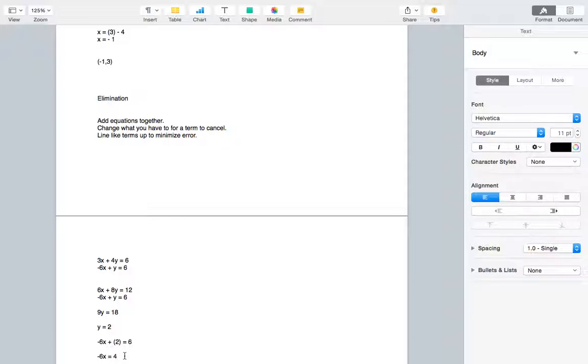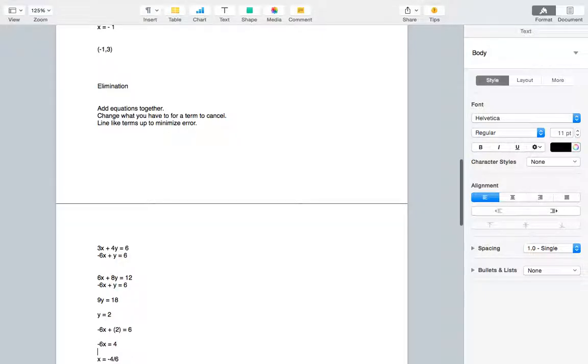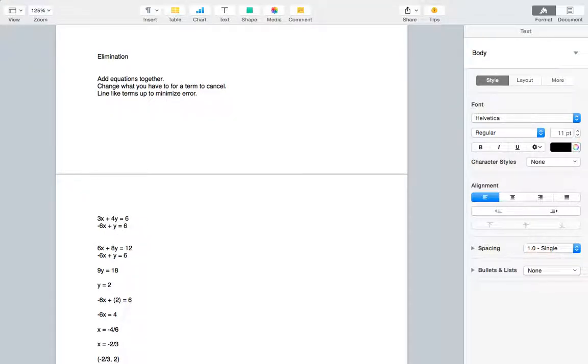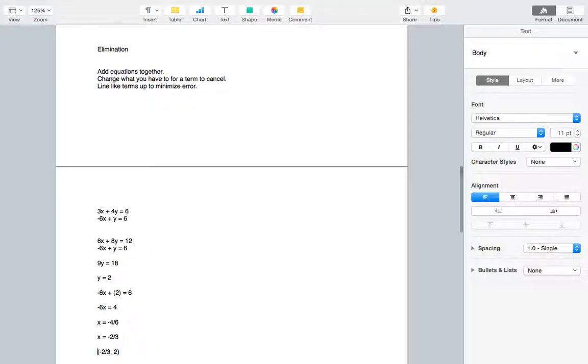Negative 6x equals 4. Divide by negative 6. x equals negative 4/6. They're both even. Divide by 2. It's reduced to x equals negative 2/3. Alright. That's your answer. Negative 2/3, 2. That's the coordinate point.